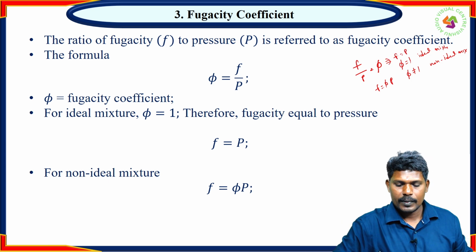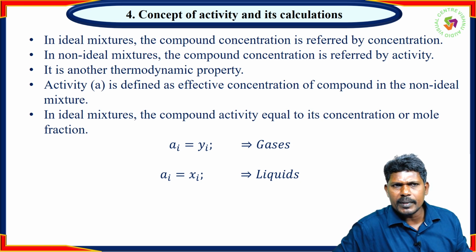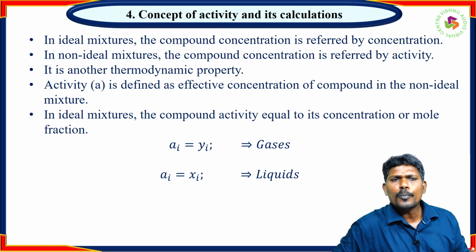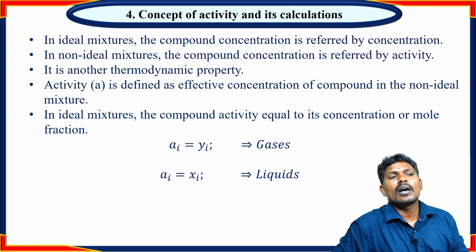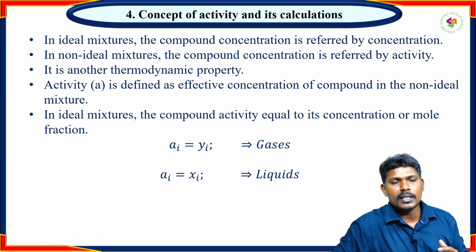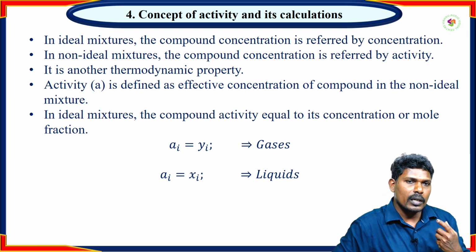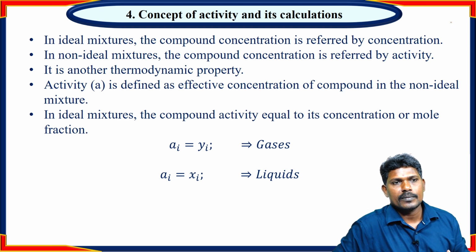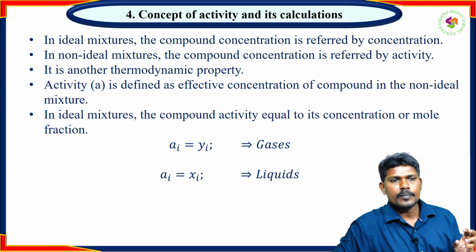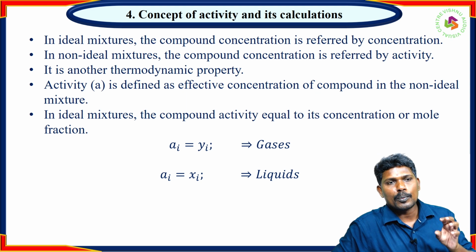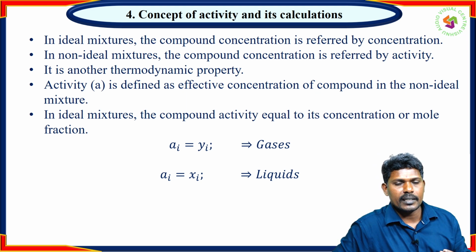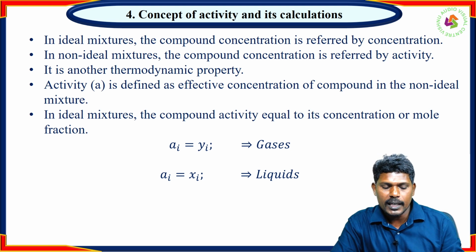In an ideal mixture, the compound concentration is expressed in terms of concentration. But in a non-ideal mixture, the compound concentration is expressed in terms of another property. In thermodynamics, they introduce one more new property called activity, represented with a small a.